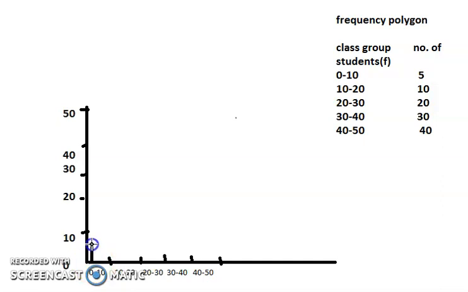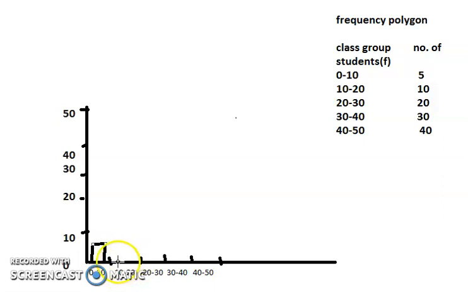So the first one is only 5. Here the 10 limits are taken. You will measure 5 with the scale. Suppose up to this much is 5. Again from here you will leave some space and you will draw the line of 5. Then you will make the bar.